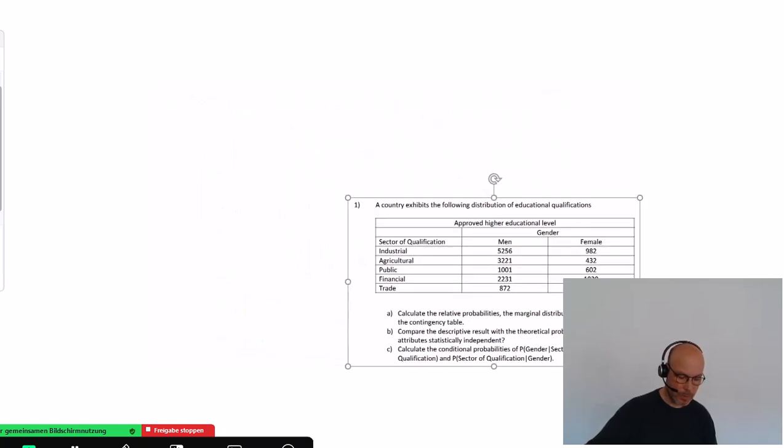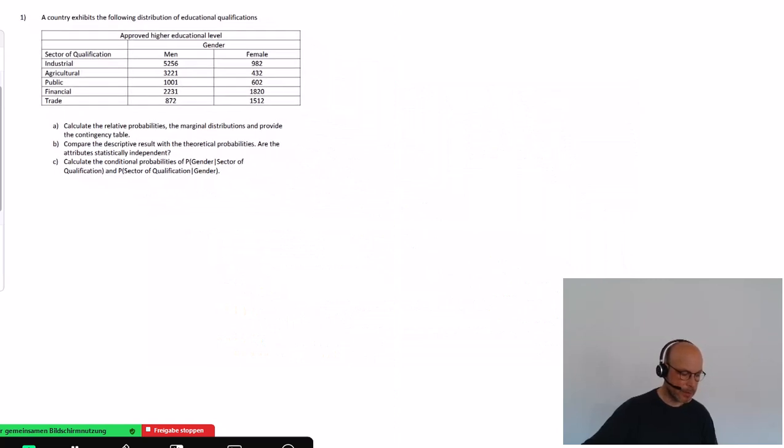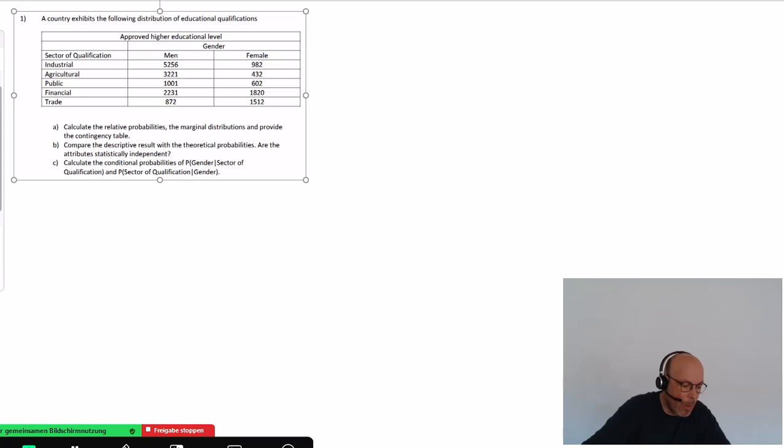So here we want to do a little bit of descriptive statistics, building a contingency table, calculating the relative probabilities, marginal distributions, and then ask from a descriptive point of view if these two things, being the gender, man or female, and working in which industrial sector, depend on each other.